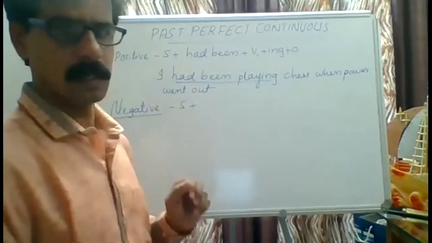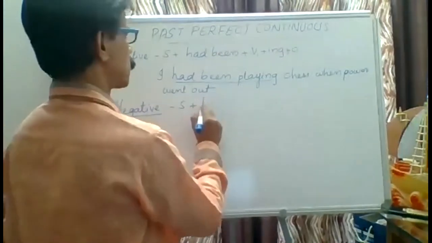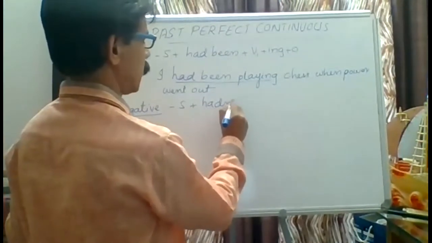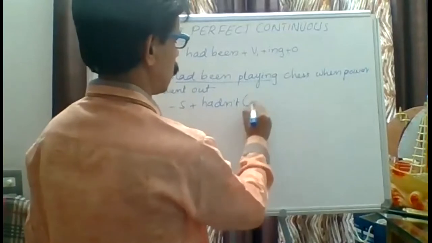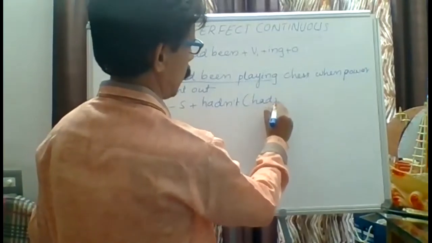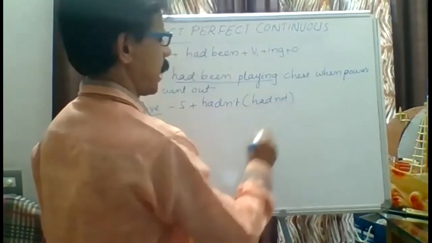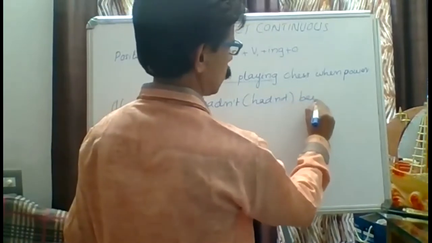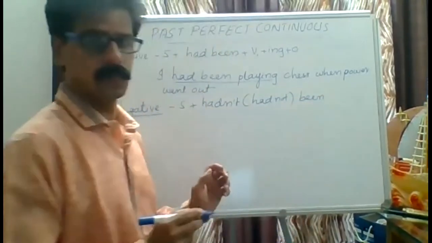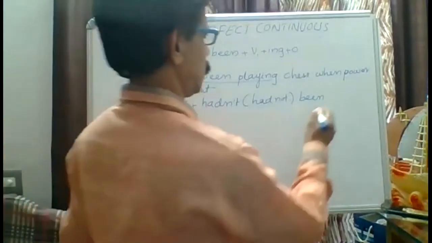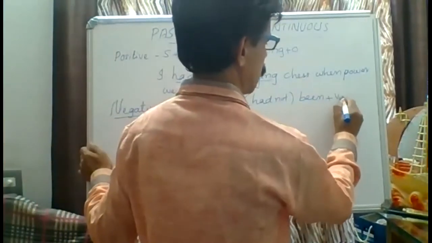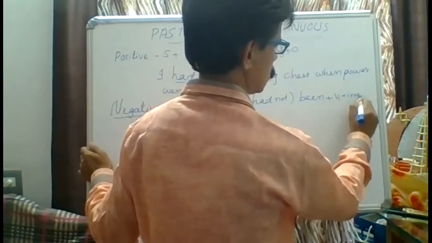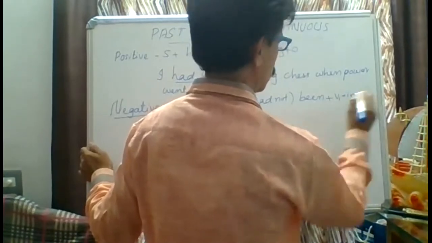Subject is common; after the subject comes had not, also called hadn't. After hadn't, been is the V3 form of be, followed by V1 plus ing, the continuous form.